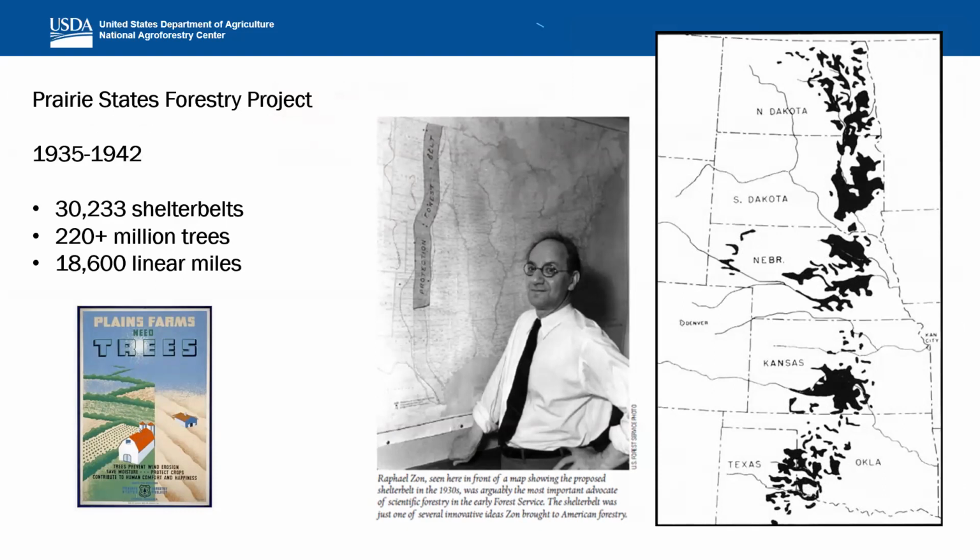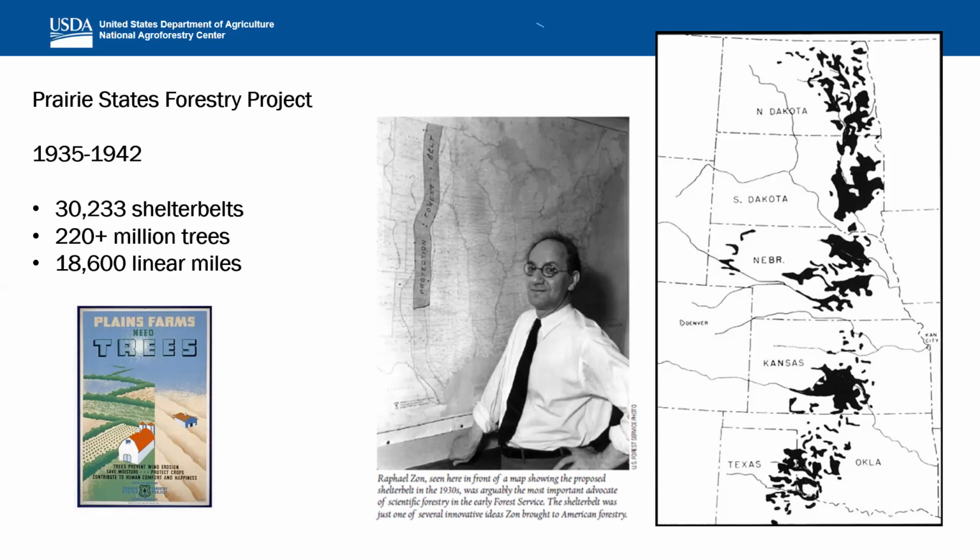With plenty of resistance from both scientists who didn't believe trees would grow in this region, as well as politicians, the project did proceed. And from 1935 to 1942, the Civilian Conservation Corps and Works Progress Administration crews planted more than 200 million trees across 6 states. Over 30,000 windbreaks were planted, which equated to about 18,600 linear miles.